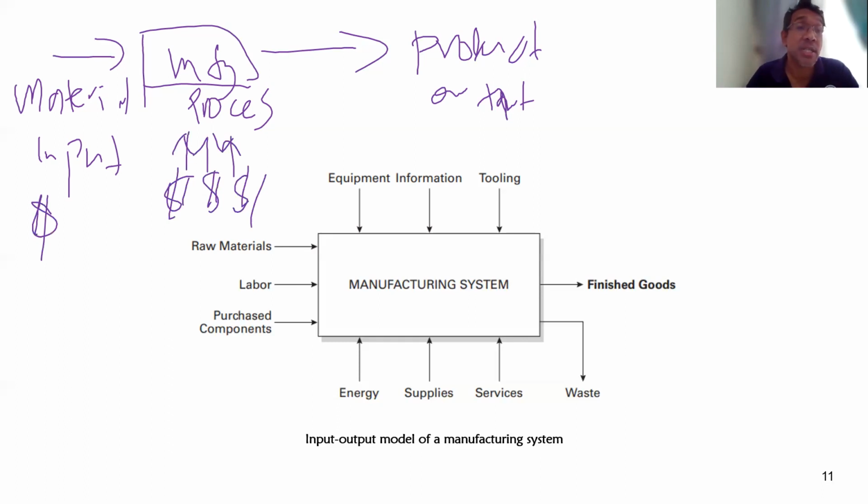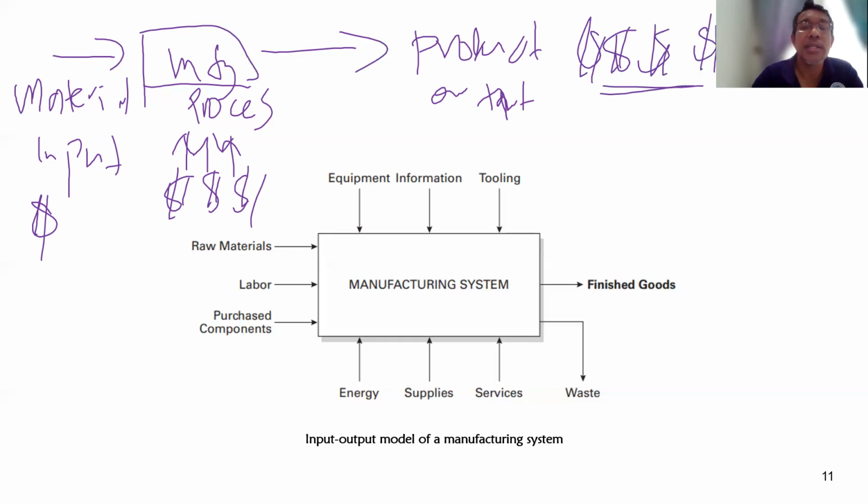So the material changes based on the process, you add value to that material, and then you get the product with more dollars. That is the cost. From $1, adding value of $3, you get $4 for the output. That is simple mathematics, a simple formula to describe the manufacturing cost.